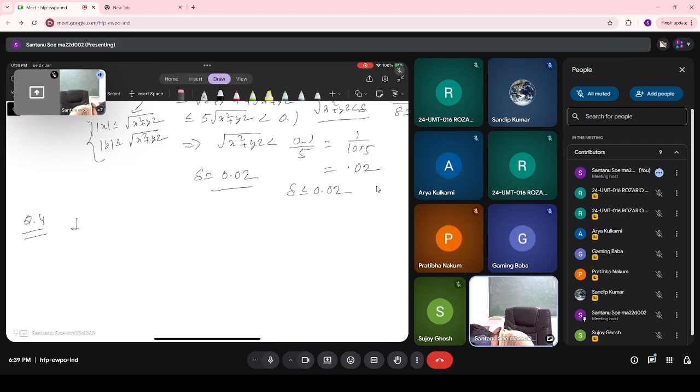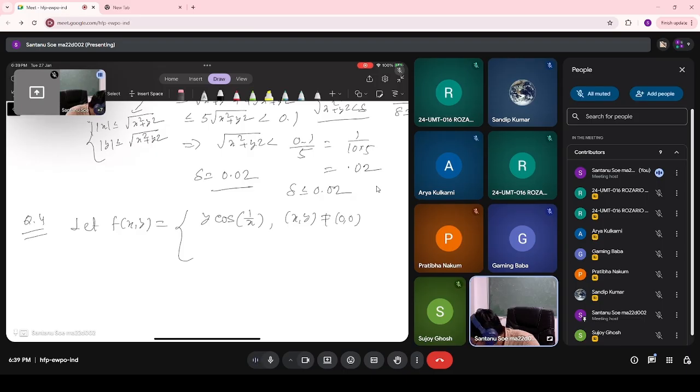So let f(x,y) equal y cos 1 by x whenever x and y are non-zero, and 0 whenever x and y are 0, 0.